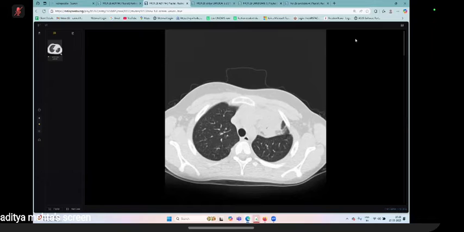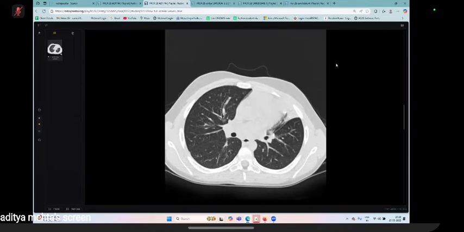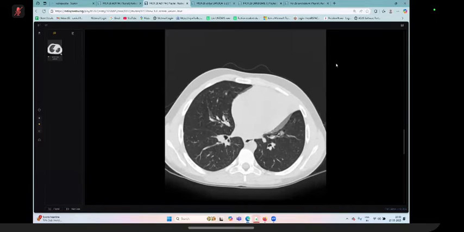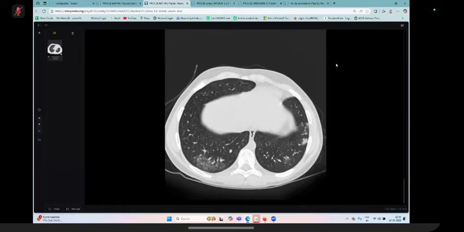Okay, so these are CT chest lung window images of the same patient, in which I can appreciate that there is left upper lobe collapse, and there are multiple ill-defined patches of consolidation and ground glass opacity seen in the bilateral basal regions.